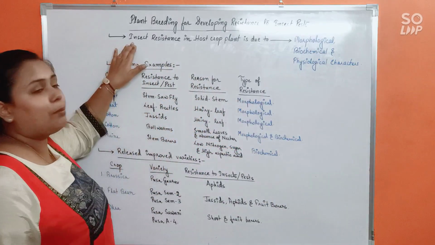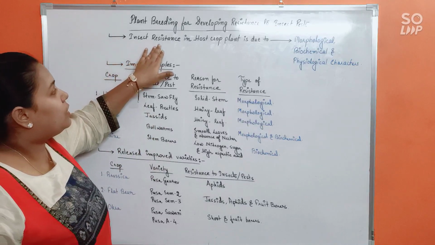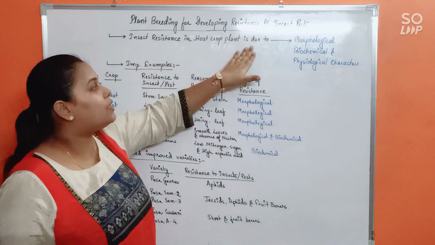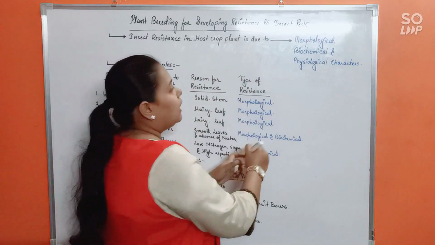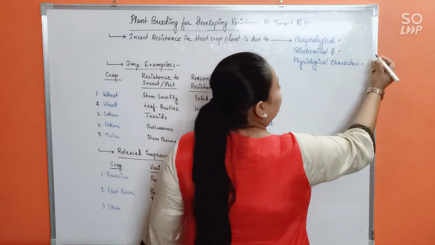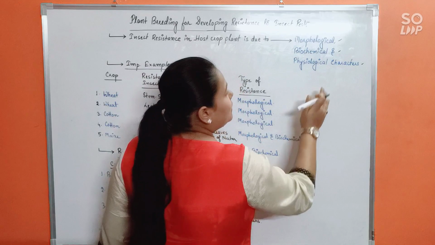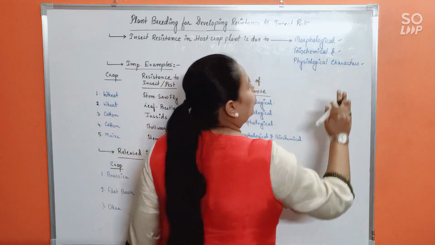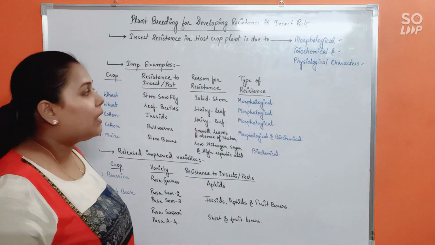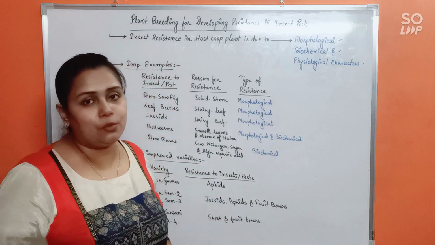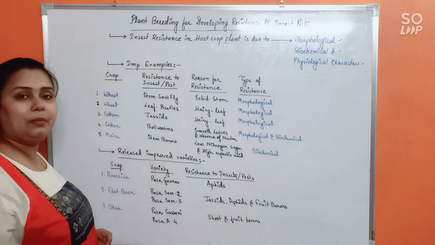Now see these important points. Insect resistance in the host crop plant is due to three important characters: morphological, biochemical and physiological characters. This will become clearer from the following examples.